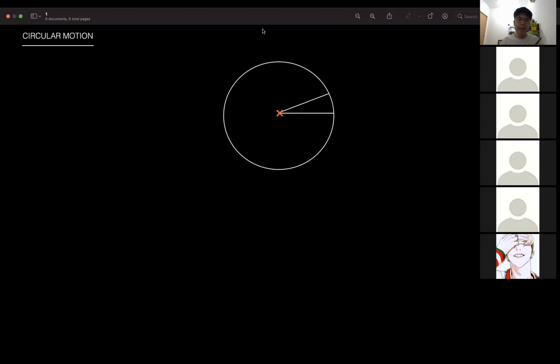Any object on the Earth is rotating together with the Earth around the axis of the Earth. So all these examples are circular motions, right?